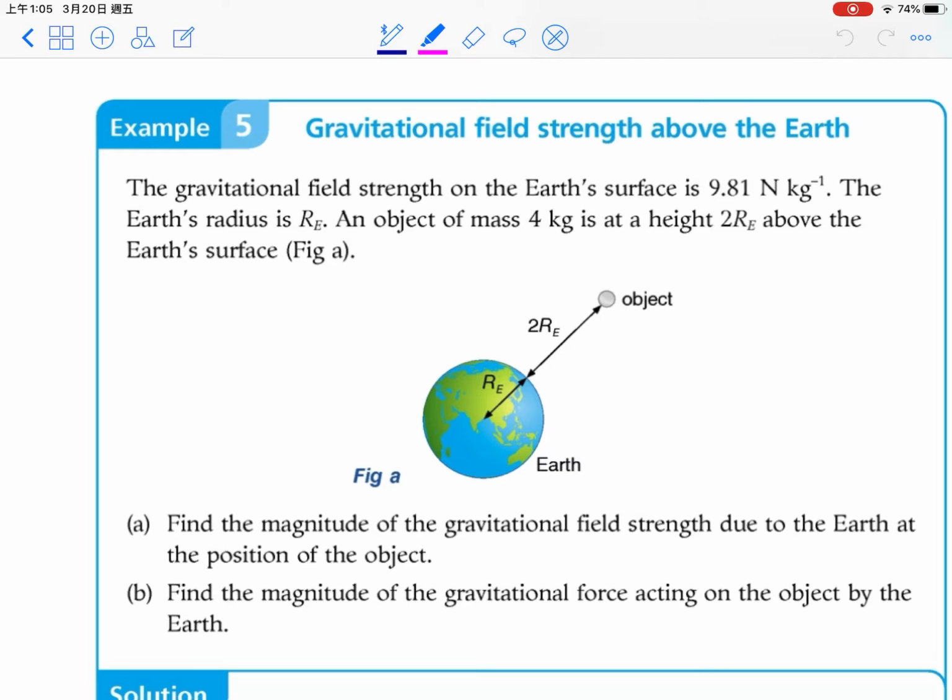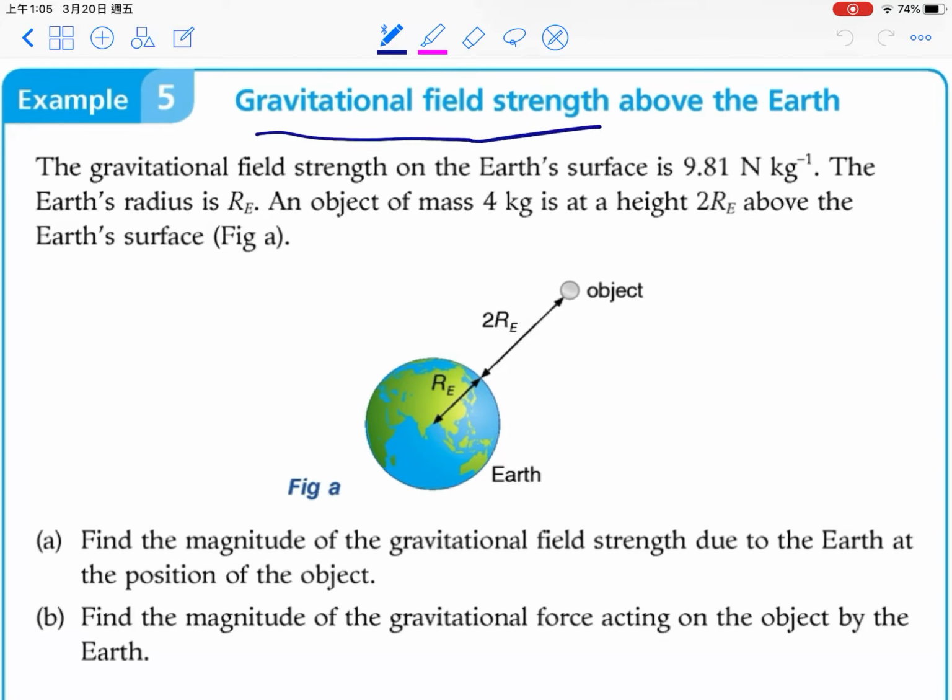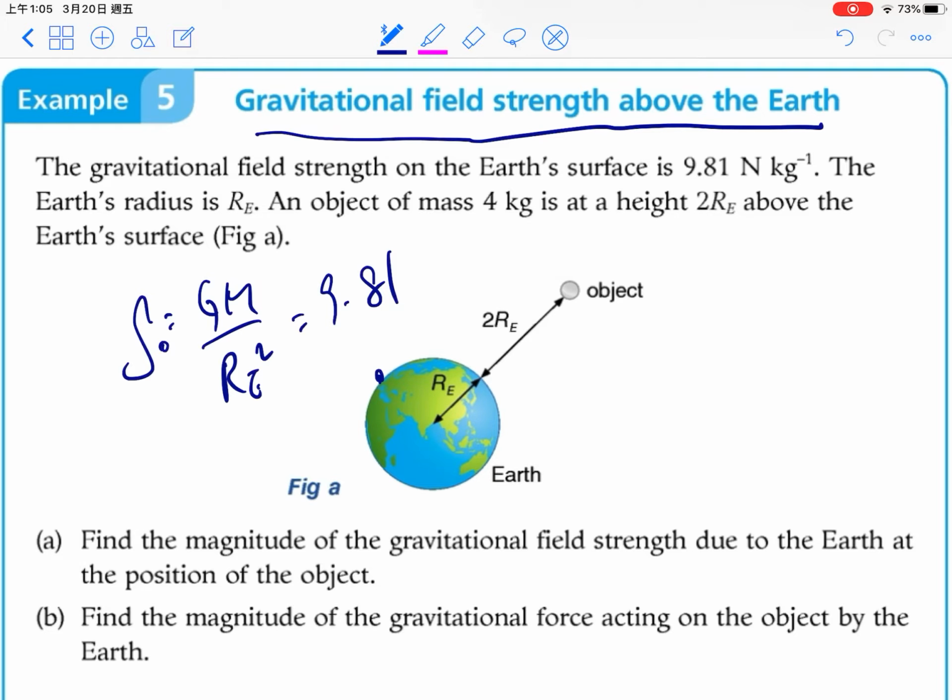We're going to see a very important example, example 5. Actually, you can regard this as a DSE question. Gravitational field strength above the Earth. We know on the surface of the Earth, g is equal to GM over R_E squared. This g is called g naught, equal to 9.81.